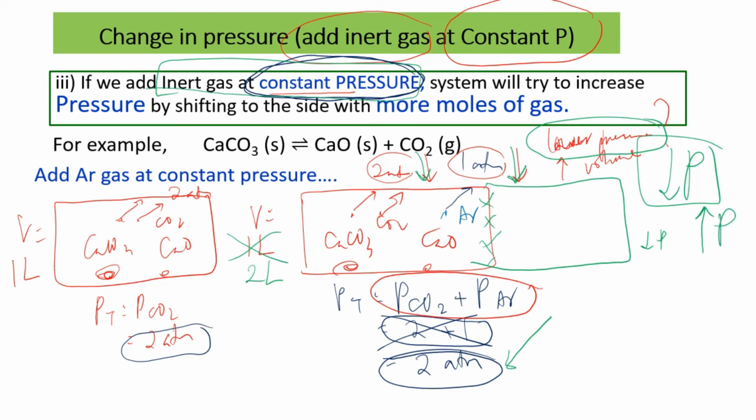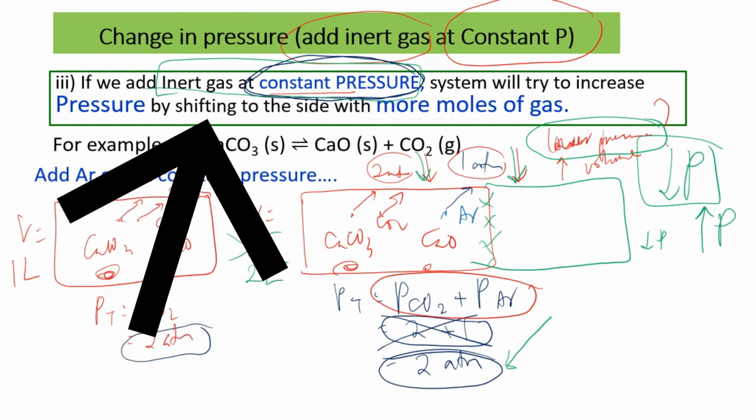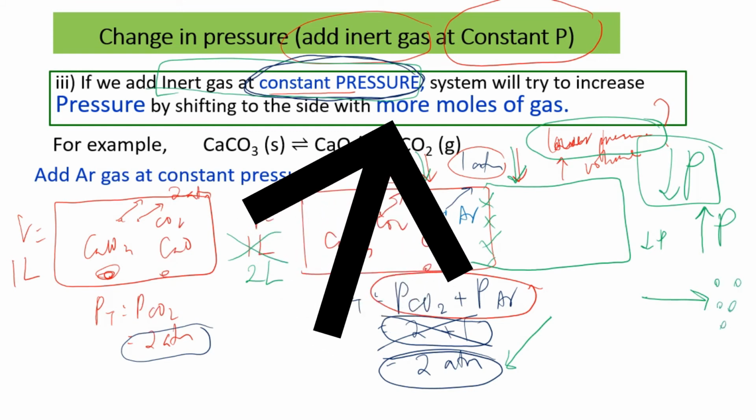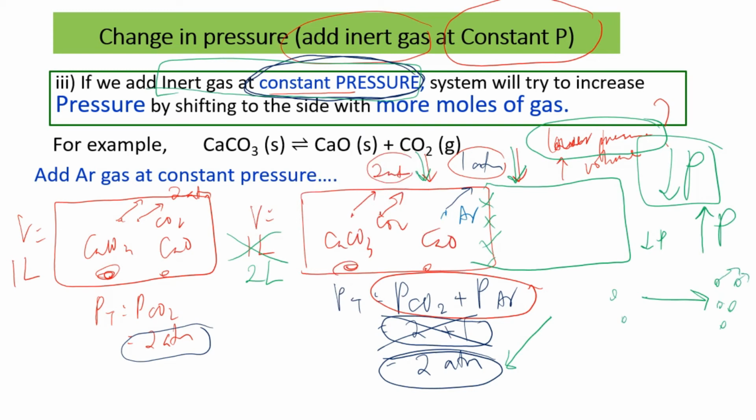So what can we do to increase the pressure back? As we have learned in the first scenario for pressure, we shift to the side which has more moles of gas, because when you have more moles of gas, they will knock the wall more frequently and increase the pressure.